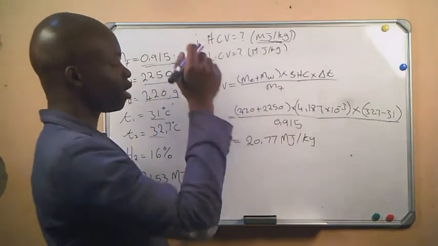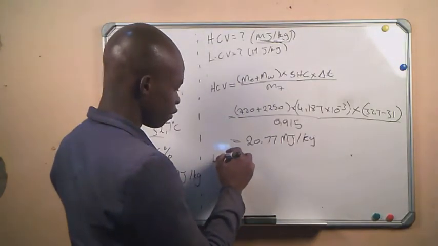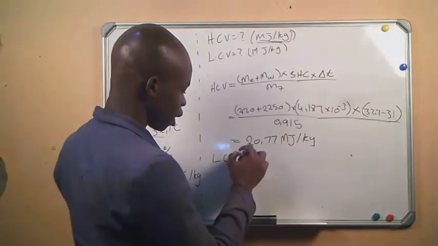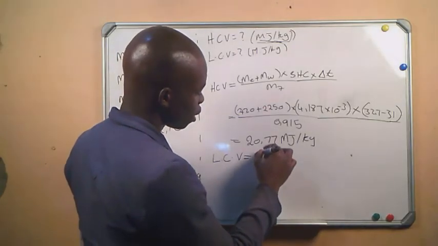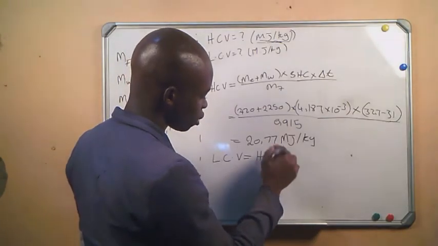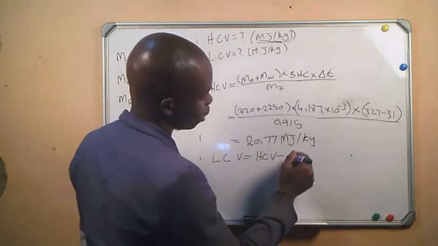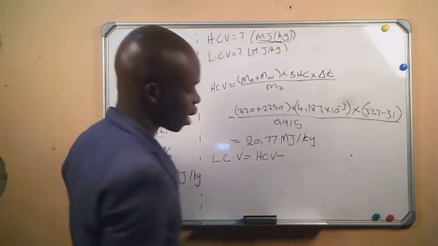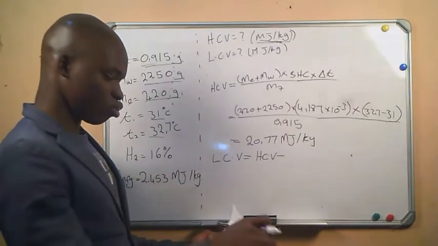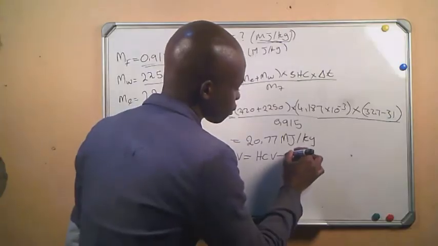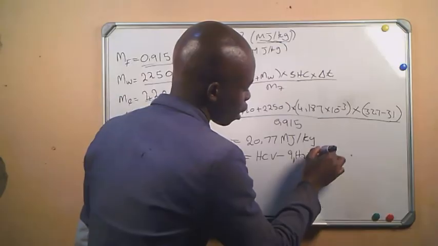And then another thing, they said we must calculate the lower calorific value. So we know that the lower calorific value equals the higher calorific value, which is this one, minus 9H2 times HFG.